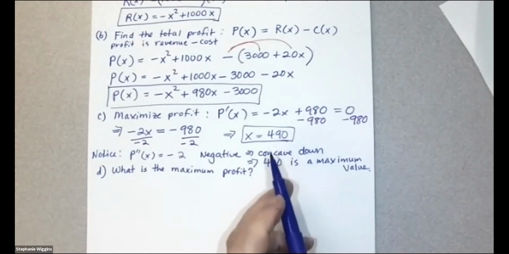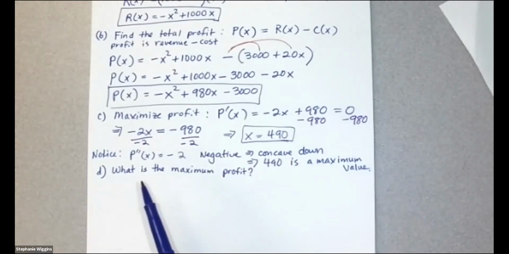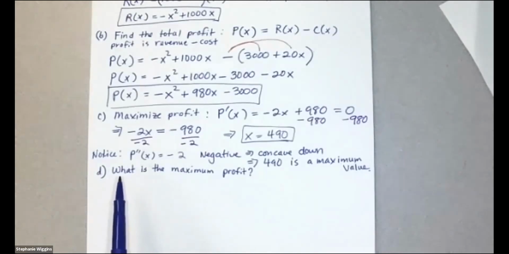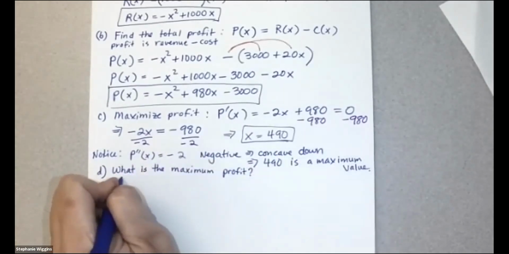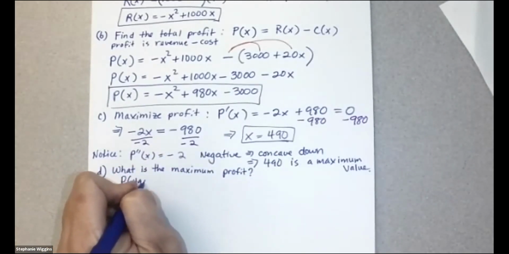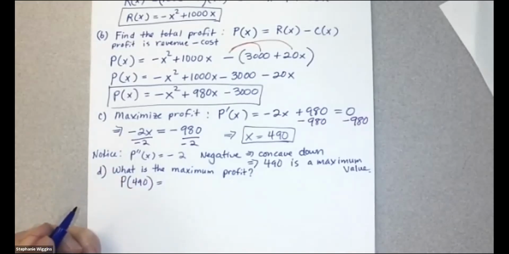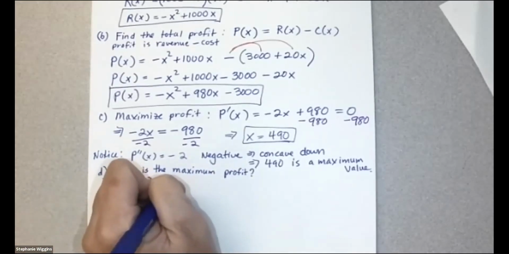This is the X. Remember, what is something that you're looking to the vertical axis for, which is your function value. Your vertical axis is the profit. So we have to plug this number into the profit function. And when we do that, we get $237,100.